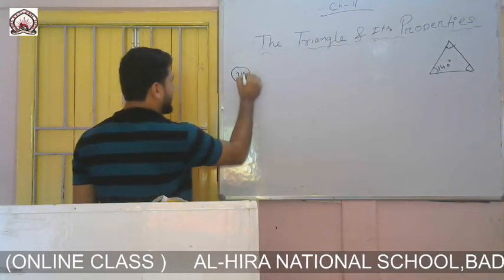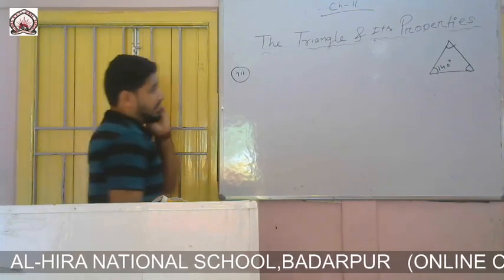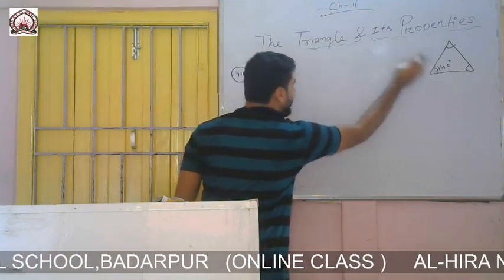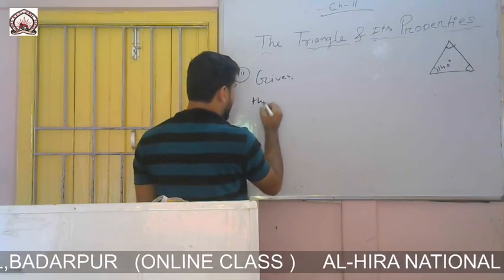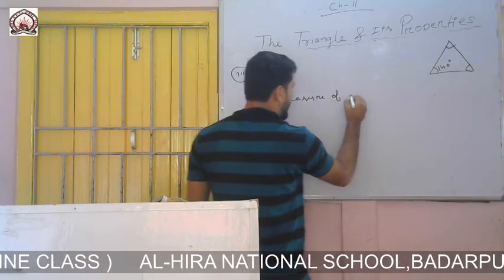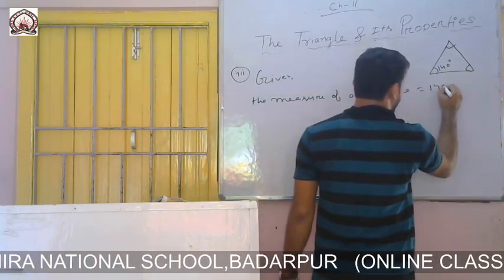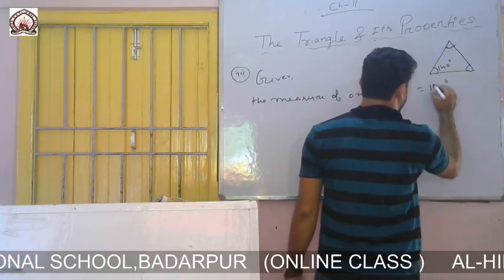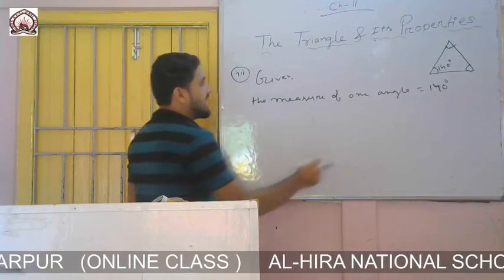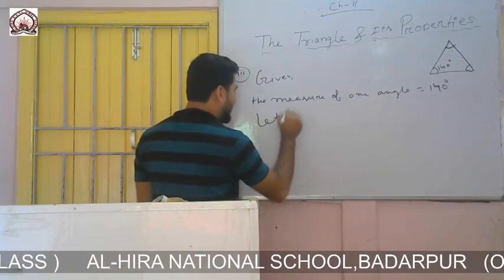Now question number 3. Given, because the measure of one angle is given. So write, given the measure of one angle equals 140 degree. And we don't know the two equal angles, so we let them be x.